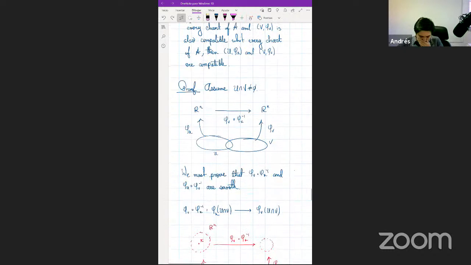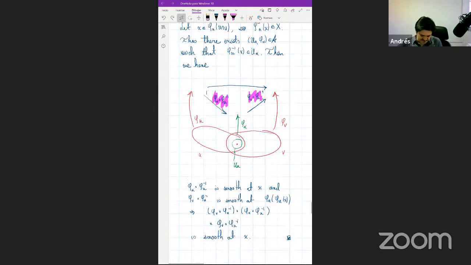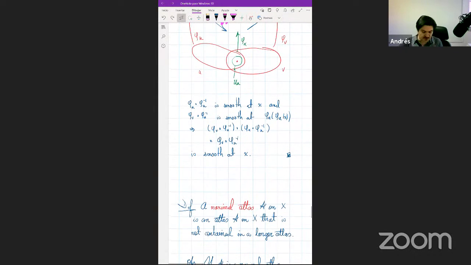Muy bien. So, this is the next definition. A maximal atlas is an atlas that is not contained in any other larger atlas. In other words, any chart that is compatible with the charts of the atlas already belongs to the atlas.